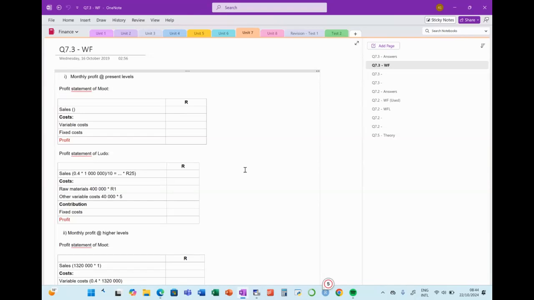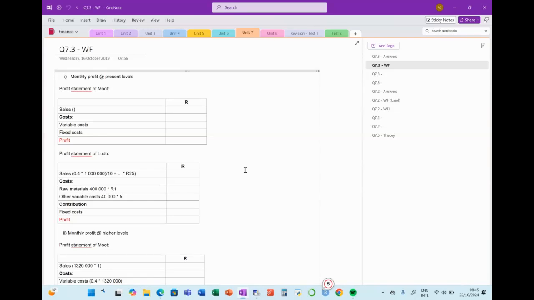Ludo Pty Ltd and Moot Pty Ltd are wholly owned subsidiaries of Misty Ltd. Moot produces a material which can be converted into a wide range of final products. It sells 40% of its output to Ludo and the remaining 60% to external customers.